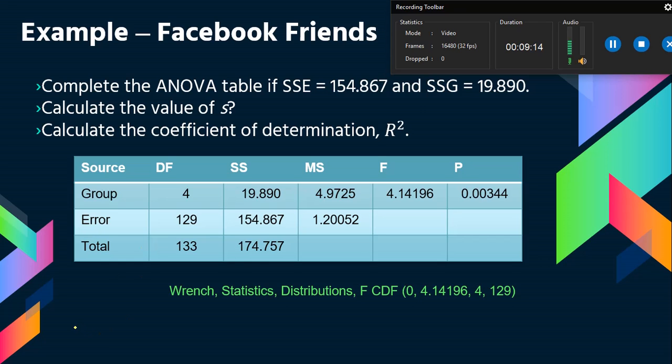We've actually already done that, but it would be the square root of MSE, so 1.20052. And because we had done the pooled sample standard deviation, we know it's 1.09568.